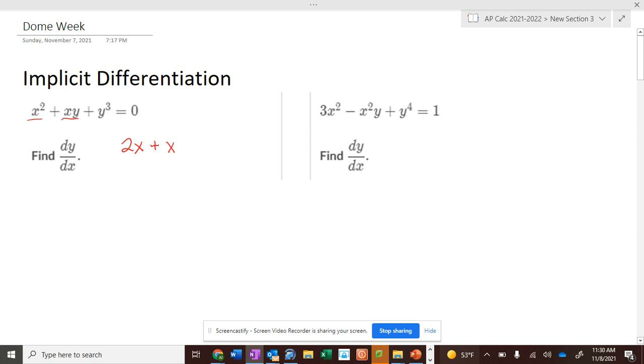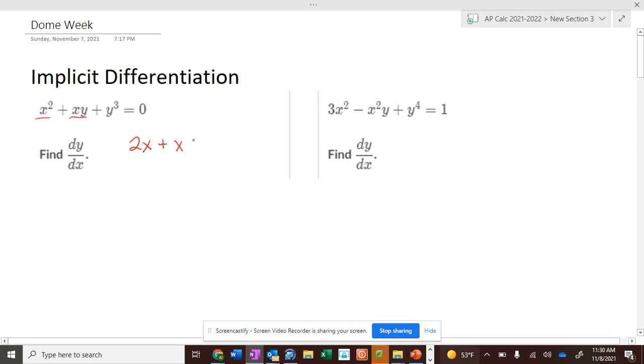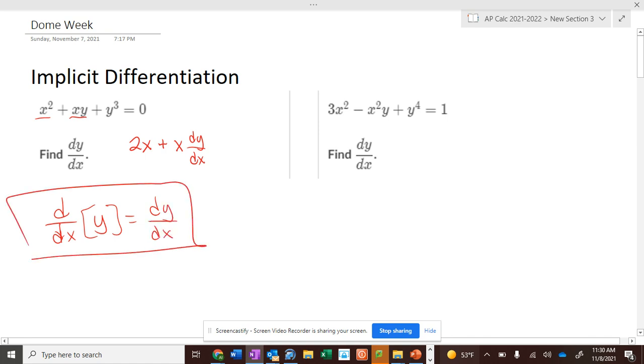Well, the first derivative of y with respect to x is dy/dx. That's something to know. When you take a derivative of y with respect to x, it's dy/dx. Okay.